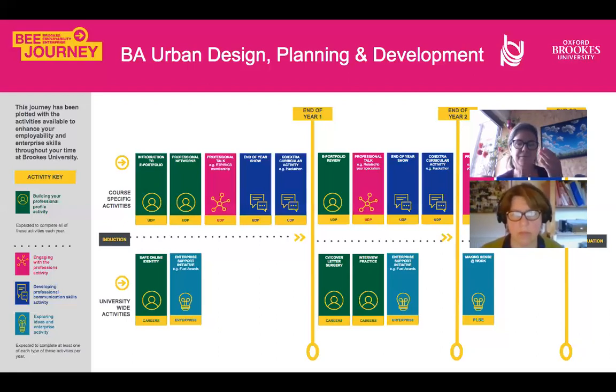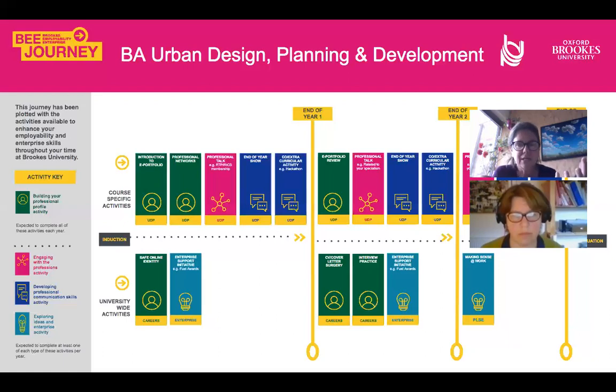And we have the activities distributed according to year 1, year 2, and year 3, the most relevant for each one of those years. For example, we're not expecting the students to do all of the activities, but under the activity key, you can see there's a note saying expected to complete all these activities each year.